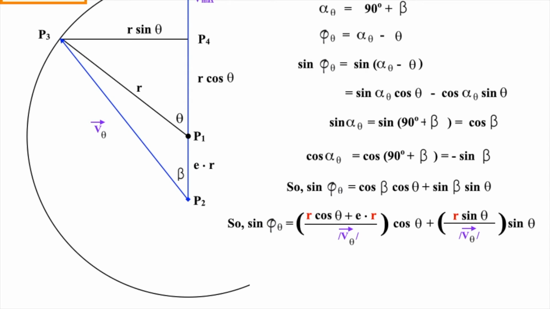Notice that we can factor out each of the three r's, and we can multiply what remains of the numerator of the first fraction by cosine theta, and we can multiply what remains of the numerator of the second fraction by sine theta, and we get this expression.